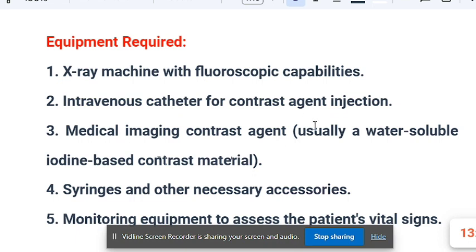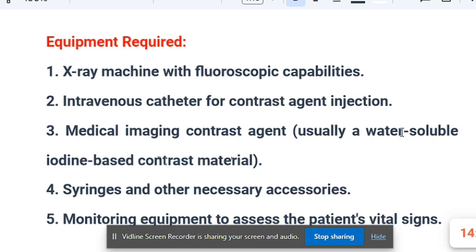Now, equipment required. What type of radiographic equipment is necessary for this type of examination? Number one, X-ray machine. Number two, fluoroscopy. Number three, you need an intravenous catheter to inject the contrast agent. Number four, you need water soluble iodine based contrast agent.